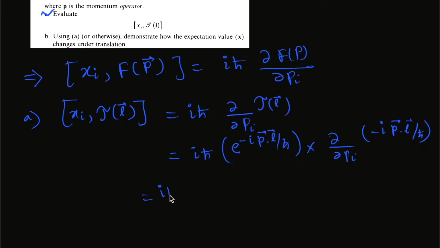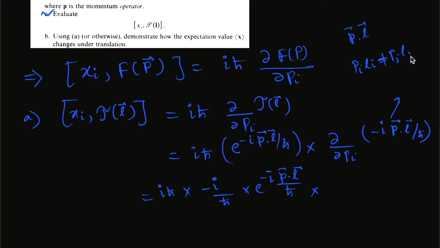That means iħ times minus i by ħ times e to the power minus i p dot L by ħ, times, if we express the dot product, p dot L can be written as pi li plus pj lj plus pk lk.